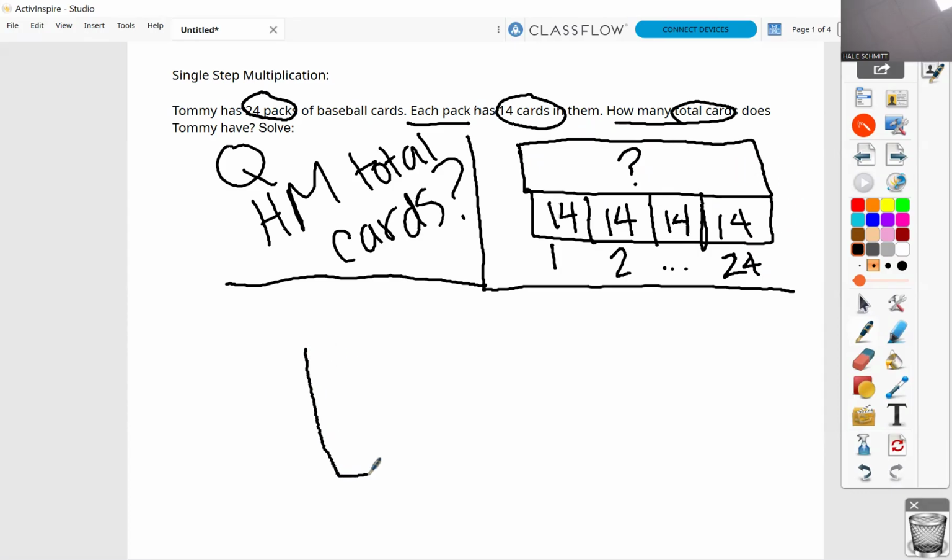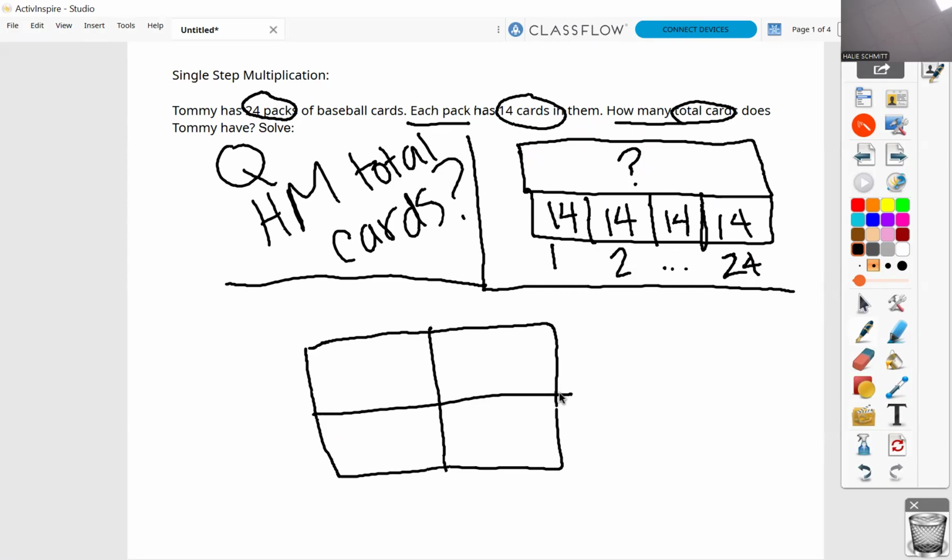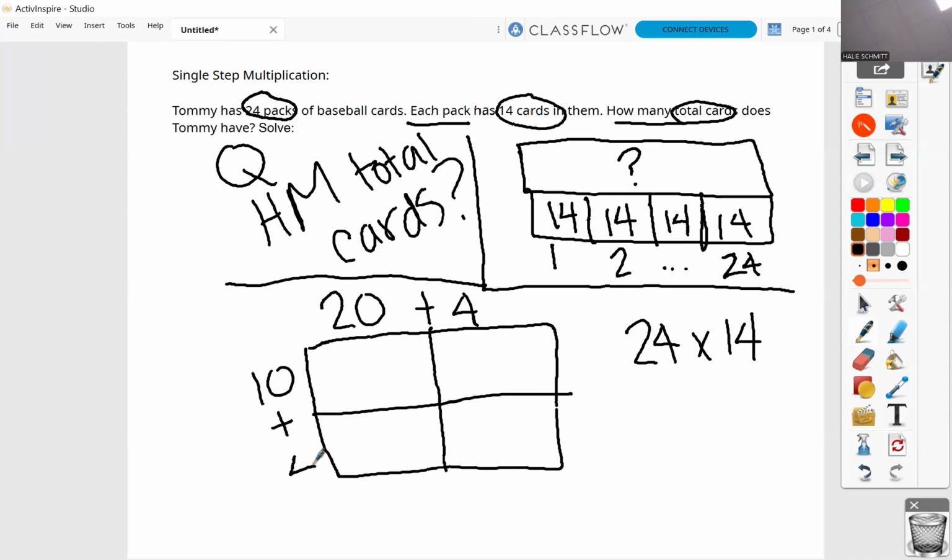The way that I have taught multiplication is that we're going to do the box method. So box method is where we decompose both factors because what we're doing is 24 times 14. So we're decomposing both factors into 20 plus 4, and 10 plus 4. Right? These still equal 24 and 14.